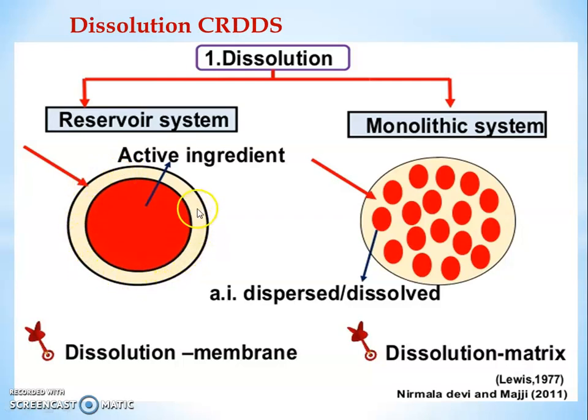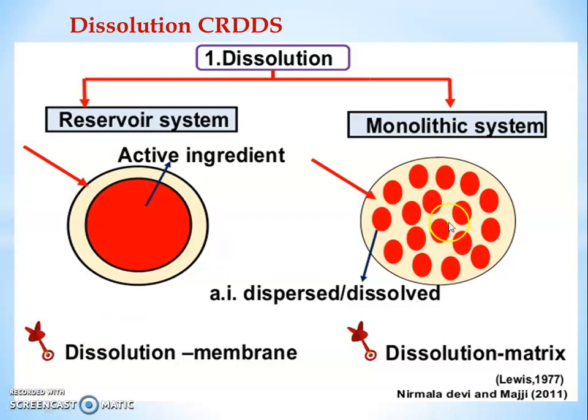These polymers are wax, hydrophilic polymers, and hydrophobic polymers, and the drug is released from the system by dissolving this polymeric membrane by entry of the dissolution fluid into the polymers. The polymer gets dissolved and the drug may be released in a slow manner for a prolonged period of time. Or the drug may diffuse into the system, dissolve, and be slowly released from the system.